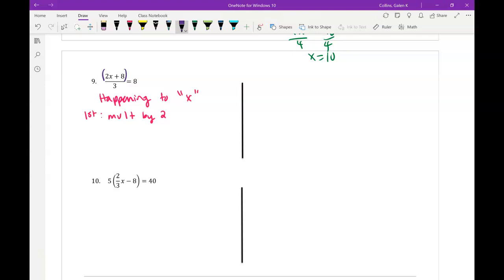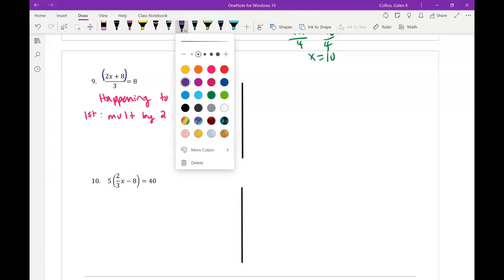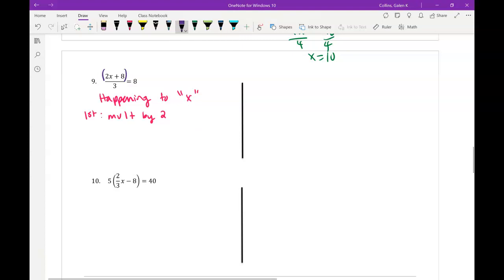All right, so the last thing that's happening here is the division of 3. And even though division comes before addition in the order of operations, this is why we use grouping instead of parentheses, because we had grouping in the fraction that we didn't have parentheses for. So I would say that last thing is that we are dividing by 3.